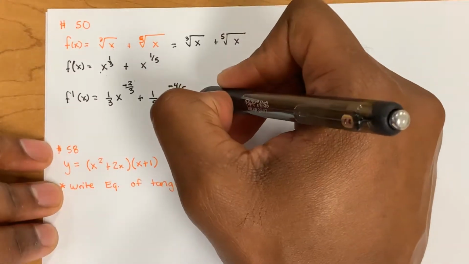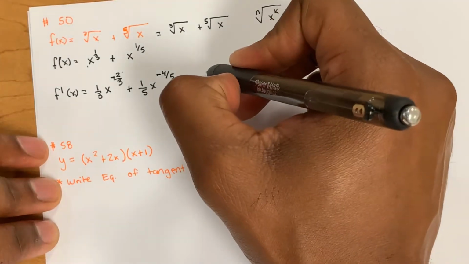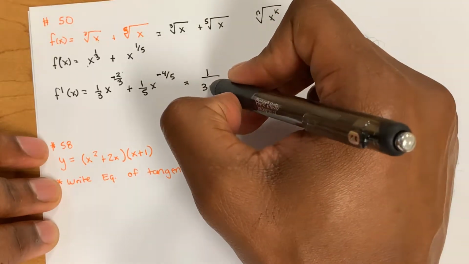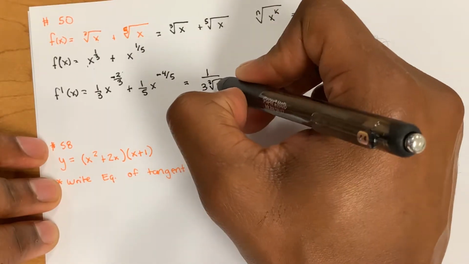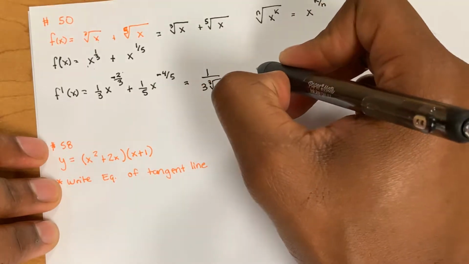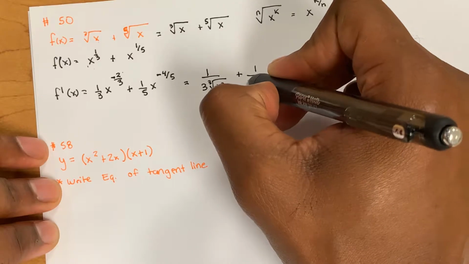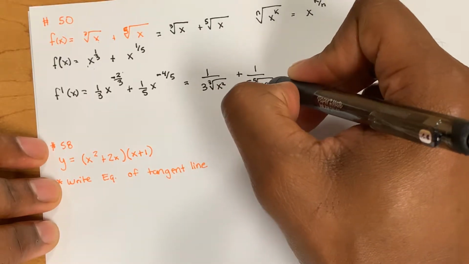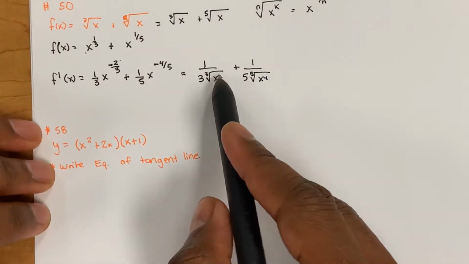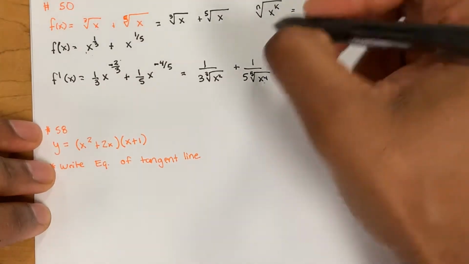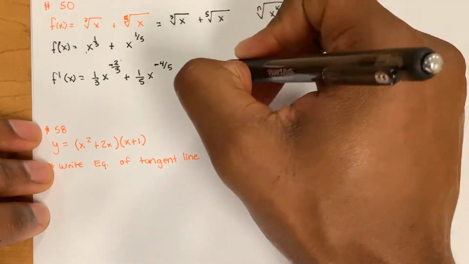So if we are doing a rewrite step, we can make this 1/3 cube root of x squared plus 1/5 fifth root of x to the 4th, because this would be x to the 2/3 and that would be x to the 4/5. Now, we shouldn't use this actually.